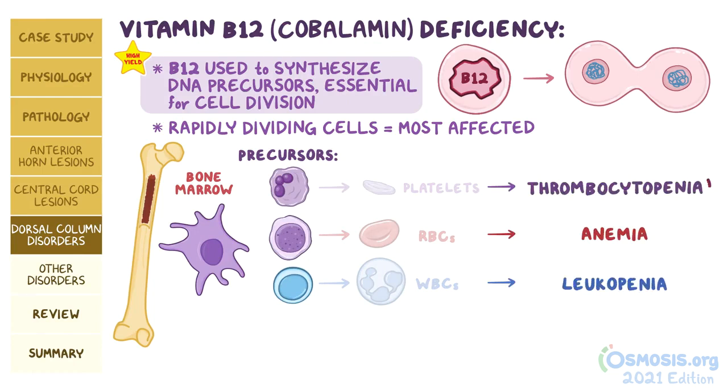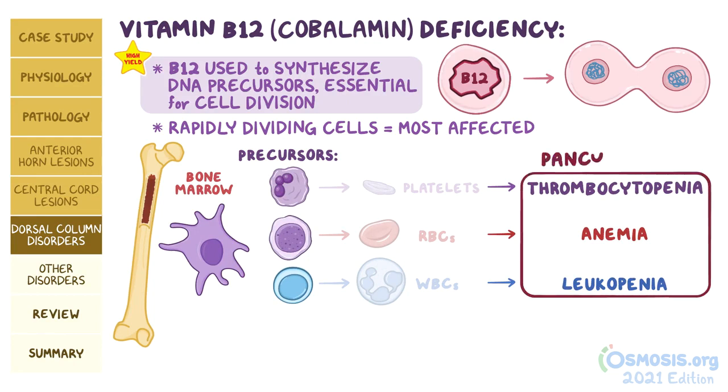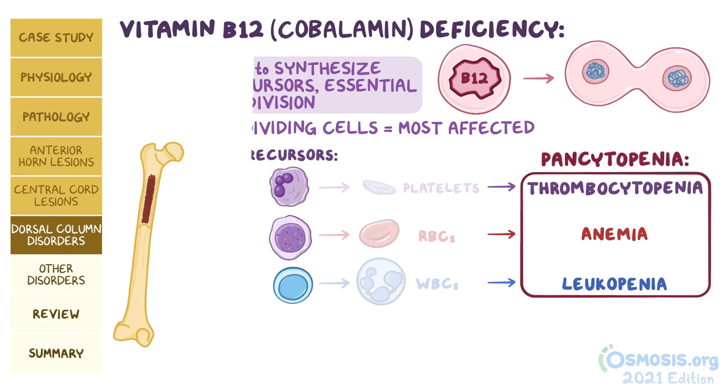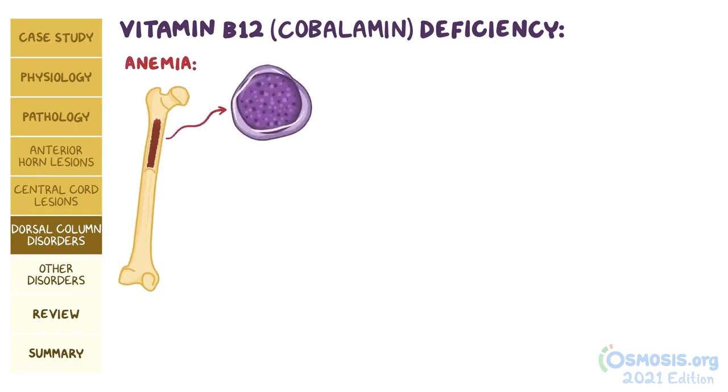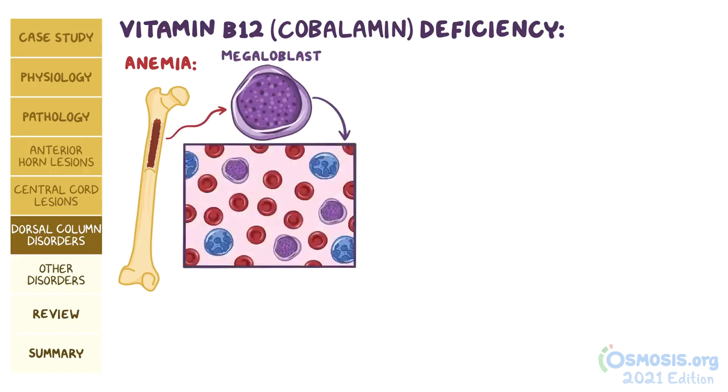When all three blood cell lines are affected, it's called pancytopenia. As a response to anemia, the bone marrow compensates by releasing abnormally developed red blood cell precursors called megaloblasts into the blood, and the final result is megaloblastic anemia.